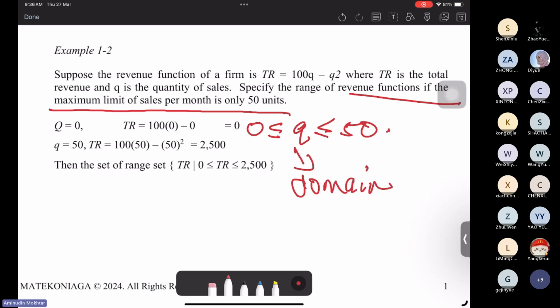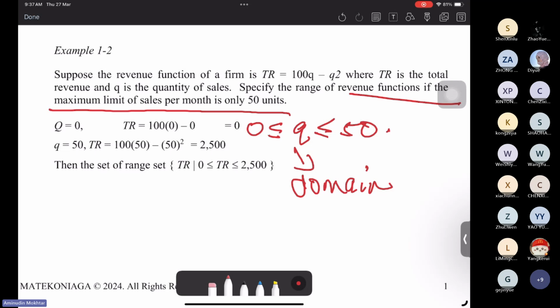Since what is Q? Q is quantity. Q is input. Now the value of input must be between 0 and 50. So now we know about the domain. So we need to set the value of the range, the value of output, based on this domain.